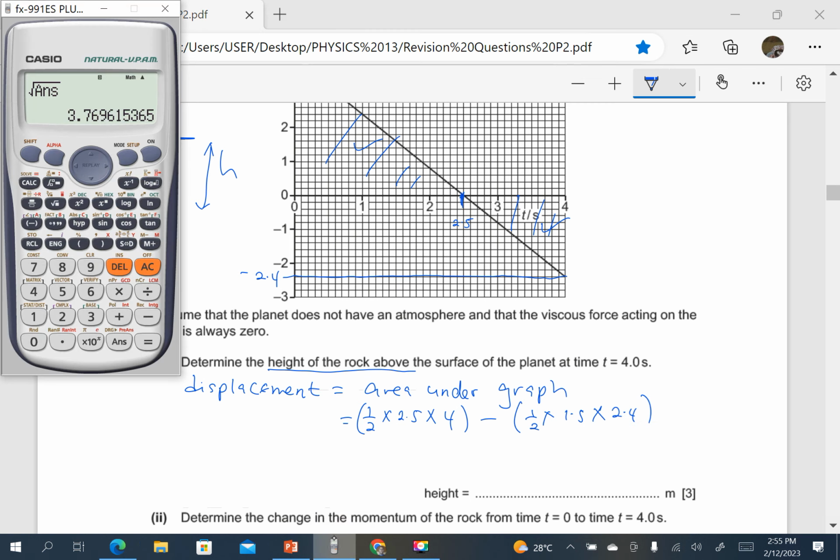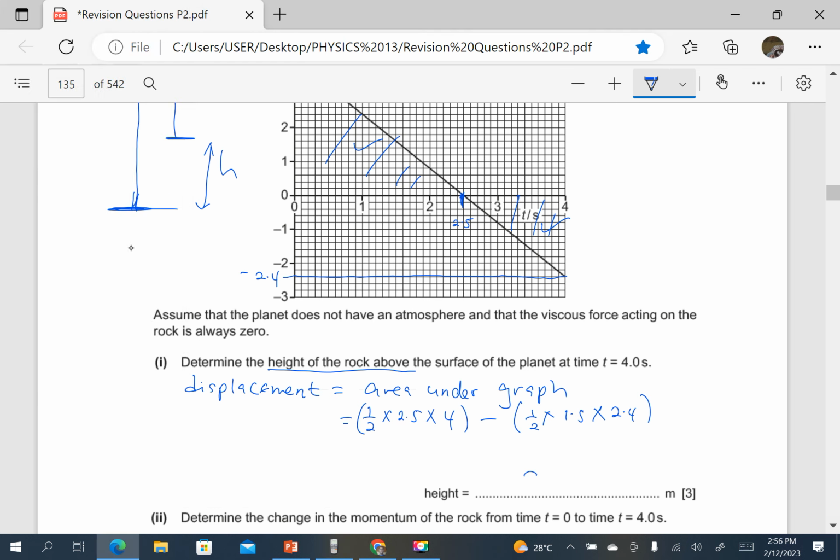So we just subtract: 0.5 times 2.5 times 4 minus 0.5 times 1.5 times 2.4. That is 3.2. So the height is 3.2.